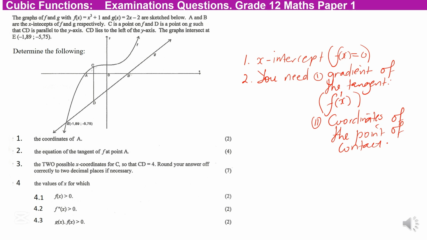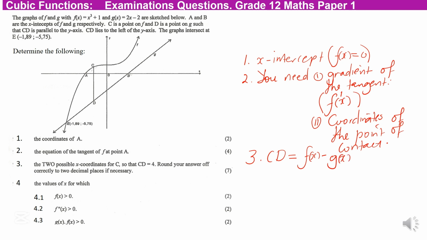Then the third question, we must find the value or the possible values of x for which CD is equal to 4. In general, we know that CD, which is the length of a line, if the line is vertical, we subtract the top graph minus the bottom graph. So in this case, it's going to be f of x minus g of x.